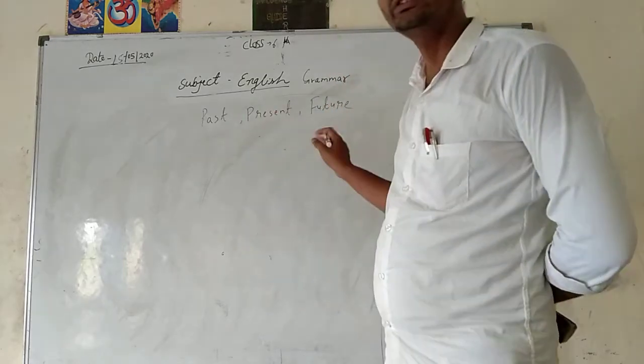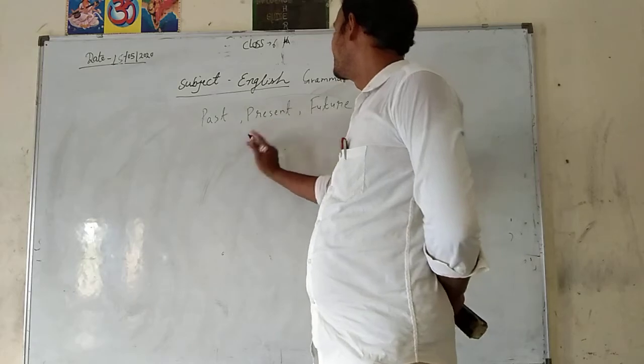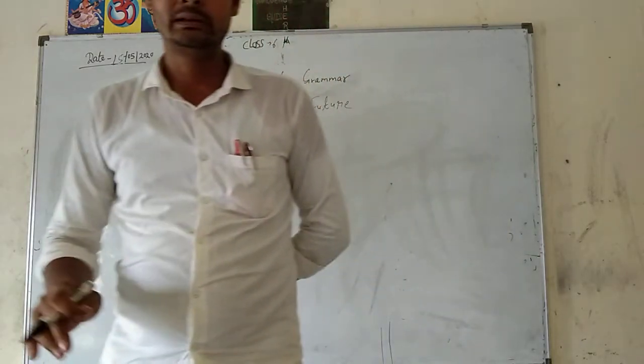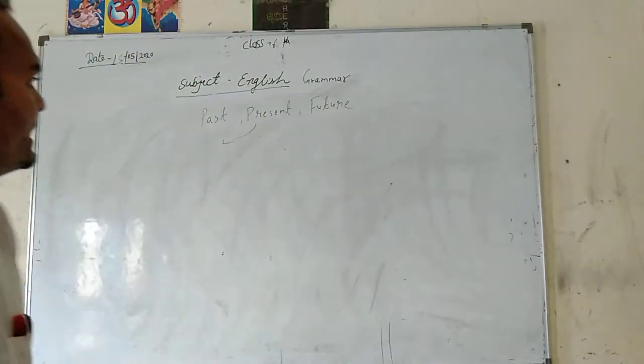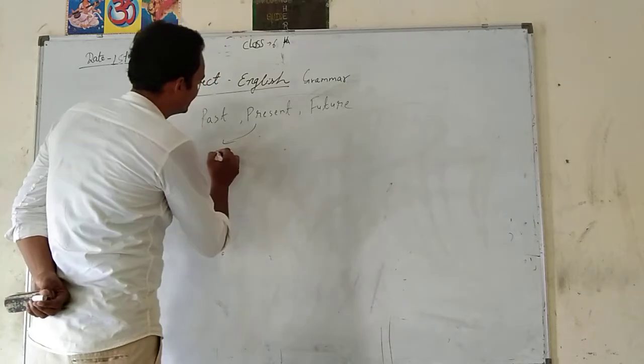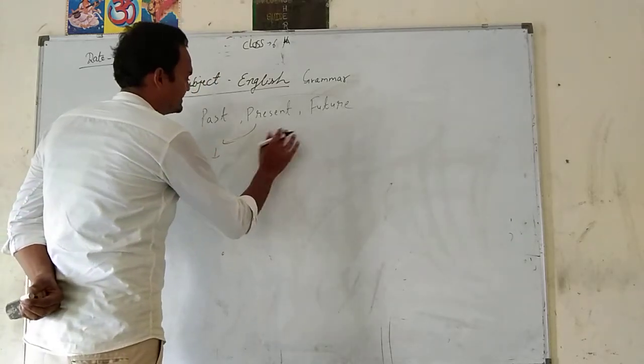I am writing in chronological series. So if we see about present, there are four parts in all kinds of tenses. In present, past or future, the same kinds or types are there.